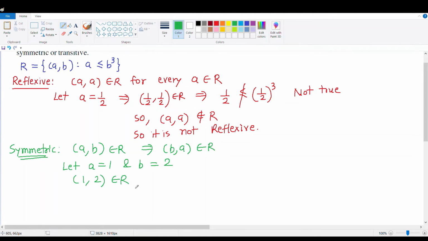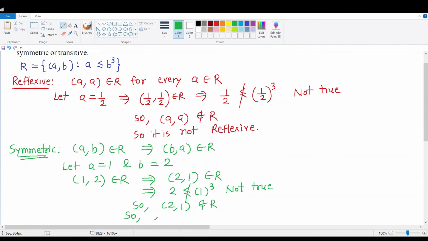So (1, 2) belongs to R. But does that mean (2, 1) belongs to R? Because if (2, 1) belongs to R, we are saying 2 is less than or equal to 1 cube. Not true. So (2, 1) does not belong to R. So it is not symmetric.